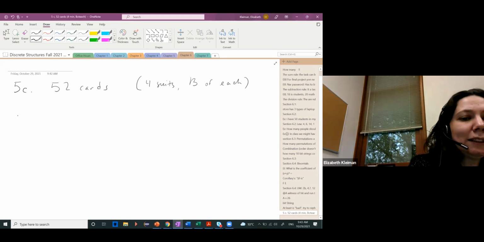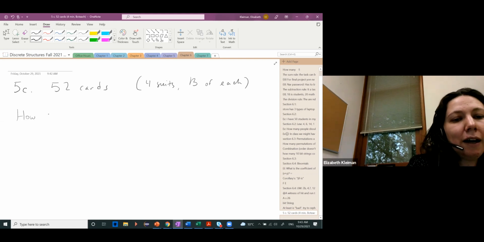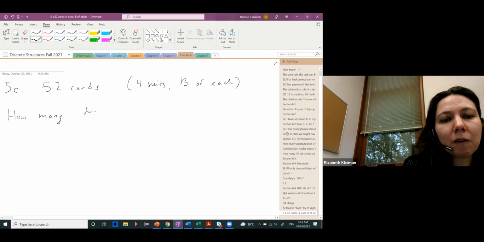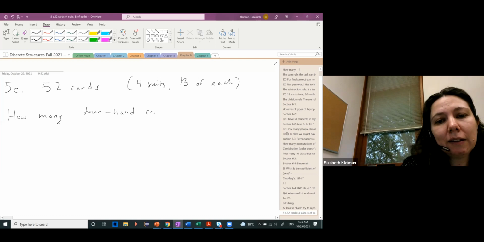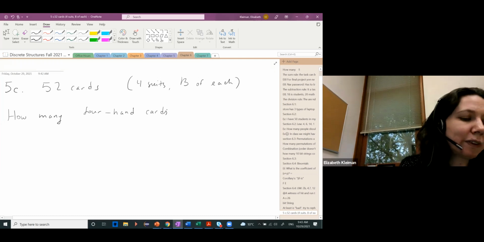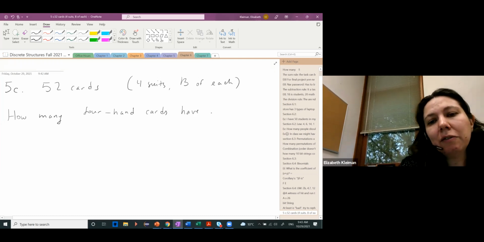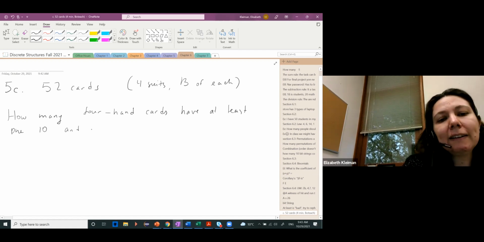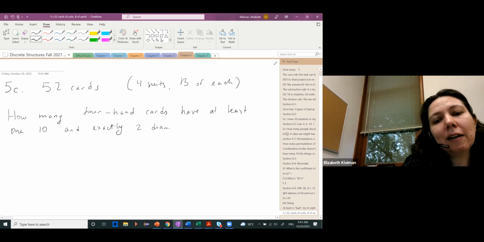The question is, how many 4-hand cards have at least 1 10 and exactly 2 diamond cards?